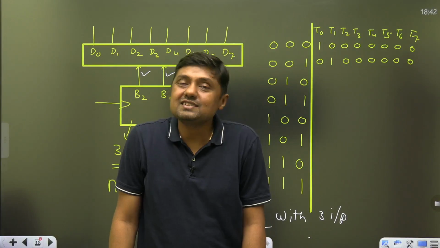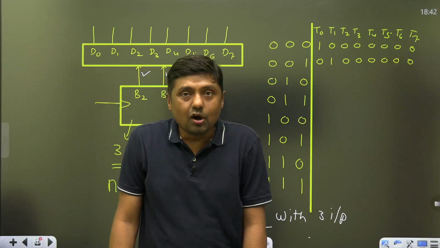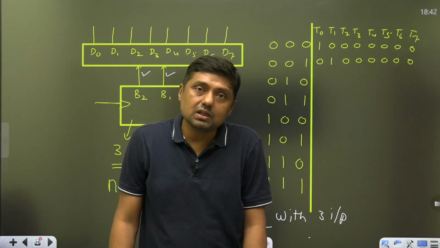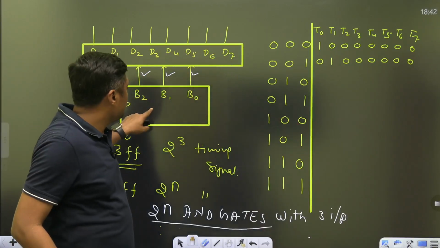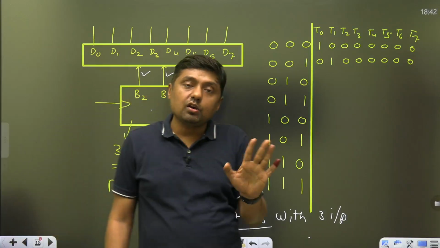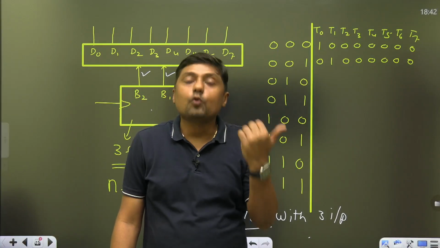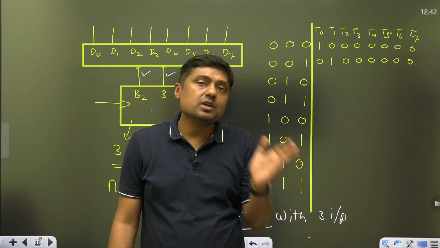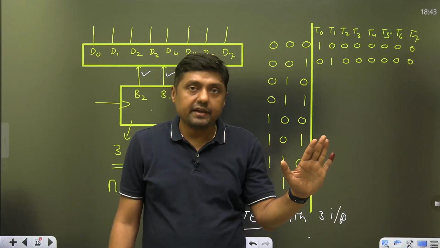So we can generate the timing signal by using a ring counter, by using a Johnson counter, or by using this combination: binary counter and decoder. In the case of a ring counter, 4 flip-flops, 4 timing signals. Means n flip-flops, n timing signals. No extra AND gates are required.